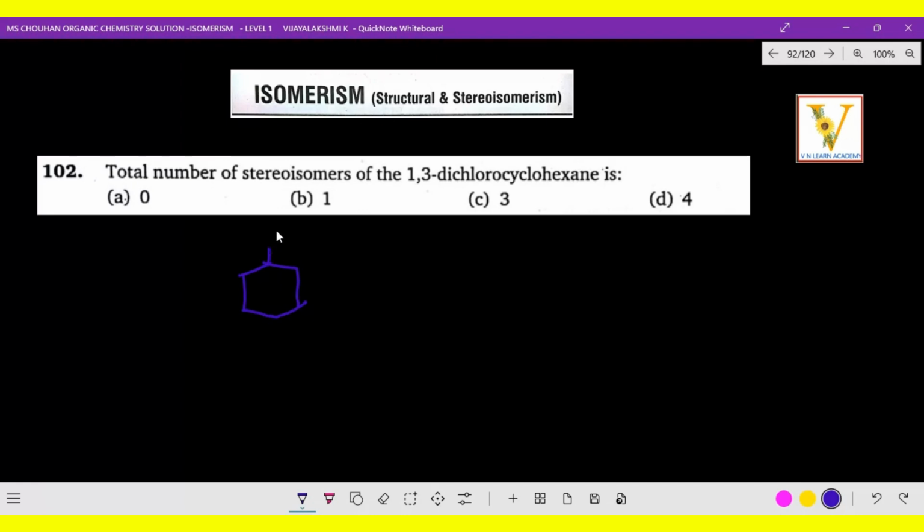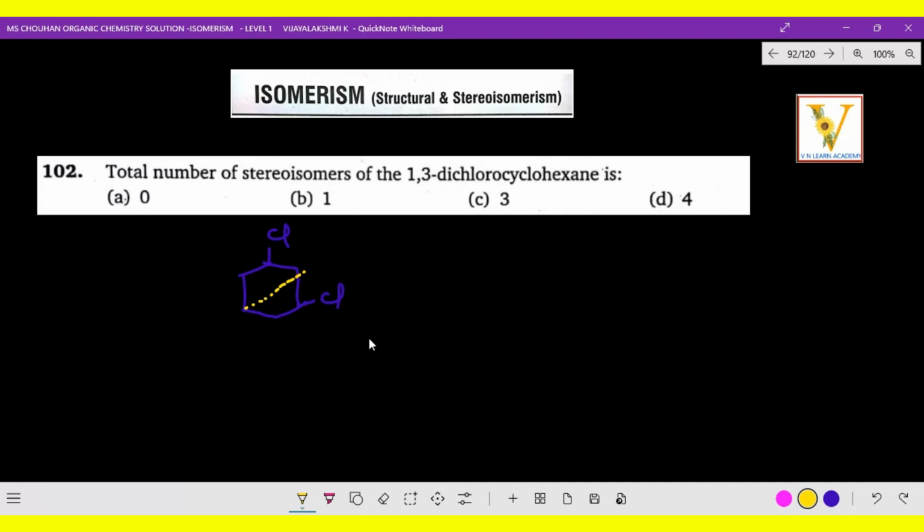In this one, first and foremost, when you cut over here, 100% you can identify that it is meso.